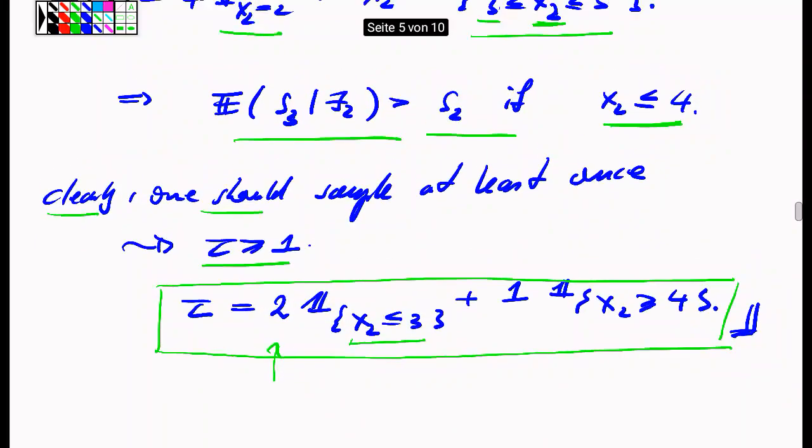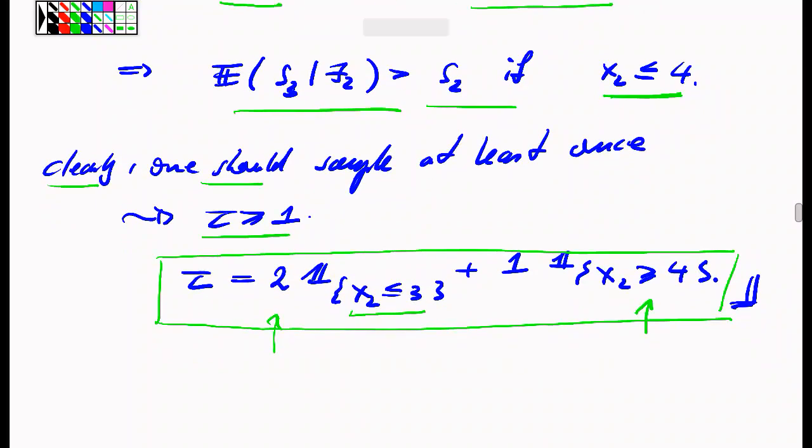And if the first two rounds gave a result which is above the level 3, then it's better to stop at this time. And here I think I made a mistake, so I need to write a 3 here. And here I need to write a 2.